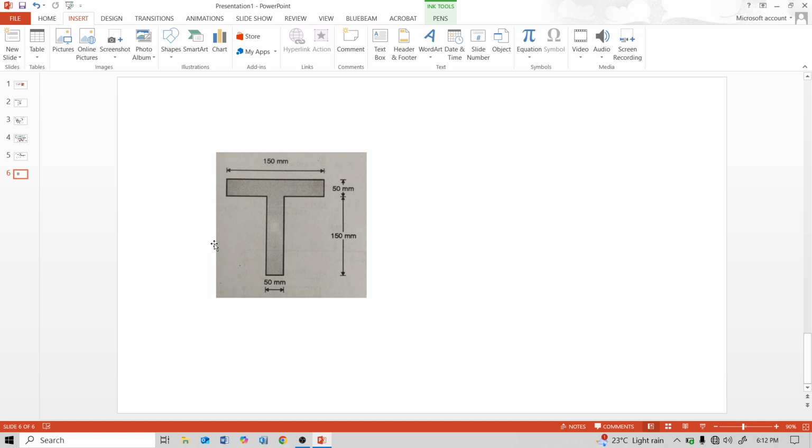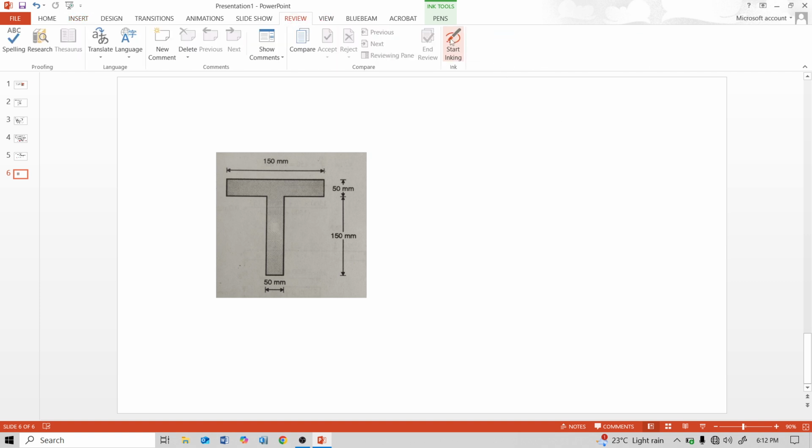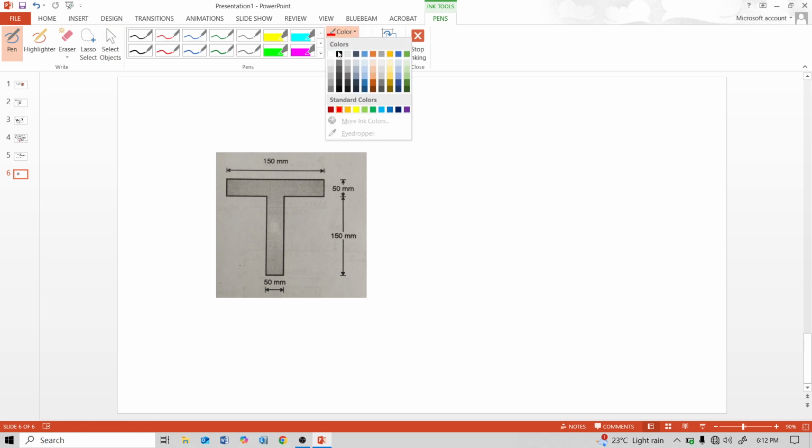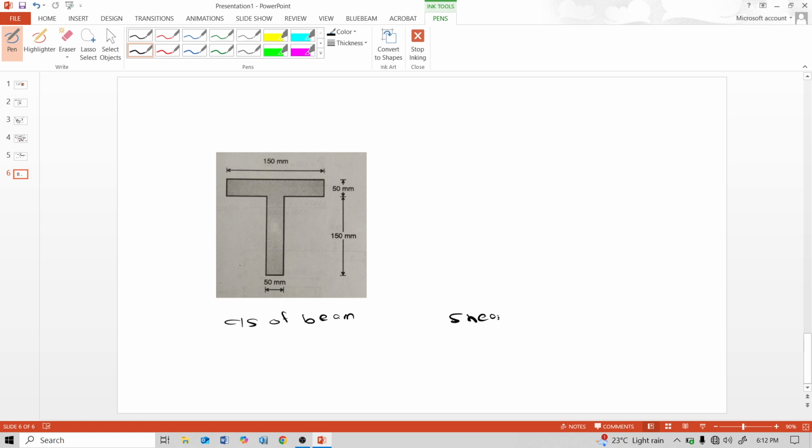Now see the shear stress distribution diagram. This is the cross section of the beam. This is the shear stress distribution diagram.